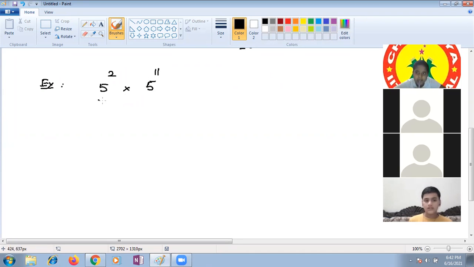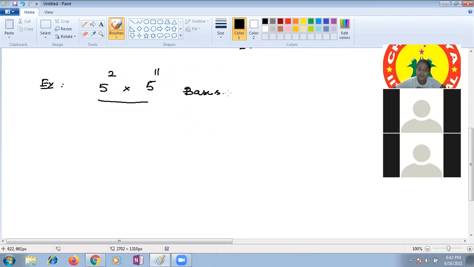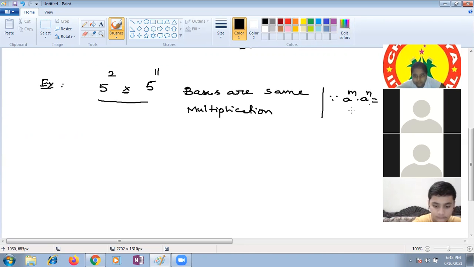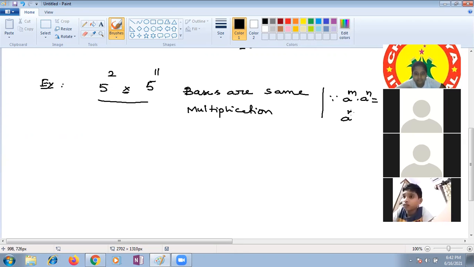By seeing it, since the bases are the same, what is your observation? First observation, the bases are the same. Second observation, it is multiplication. Which law of exponents are we using? The law a power m multiplied with a power n is a power m plus n.